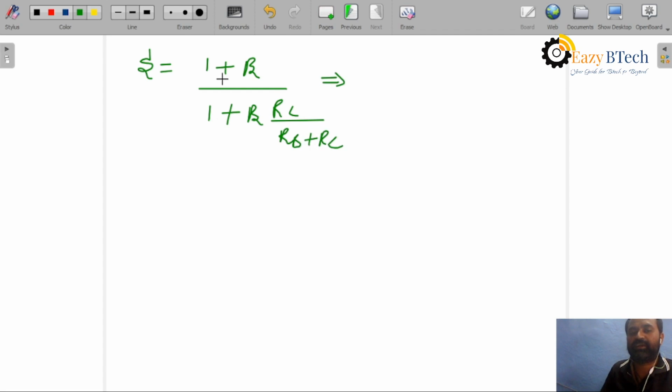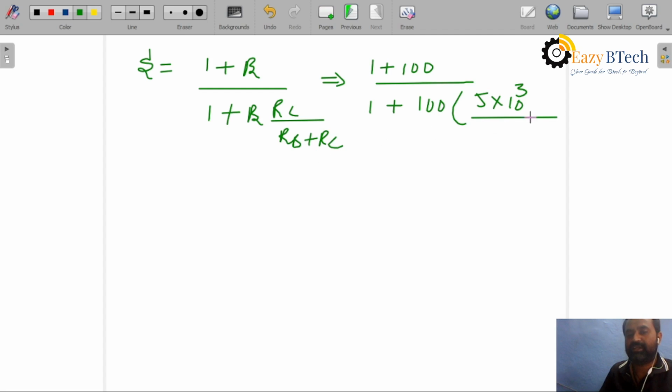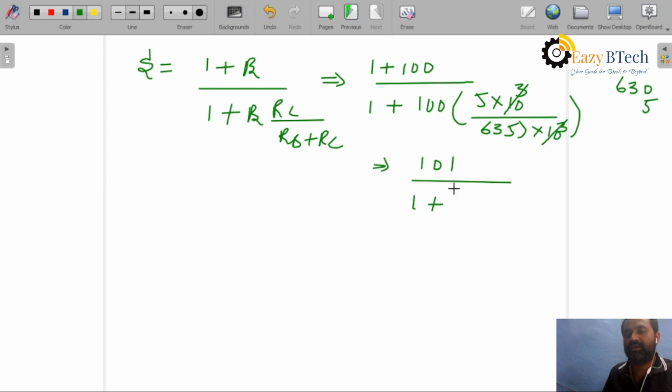So 1 plus 100, by 1 plus 100 into 5 kilo, 5 into 10 power 3, divided by RB plus RC, that is 630 plus 5, 635 into 10 power 3. The 10 power 3 cancels, and you get 101 by 1 plus 500 divided by 635.